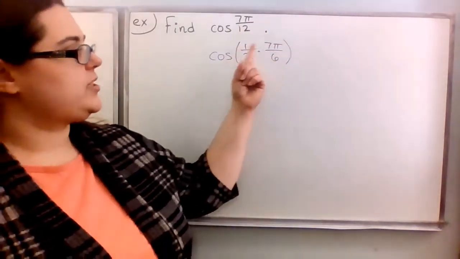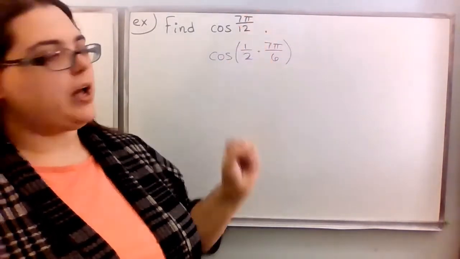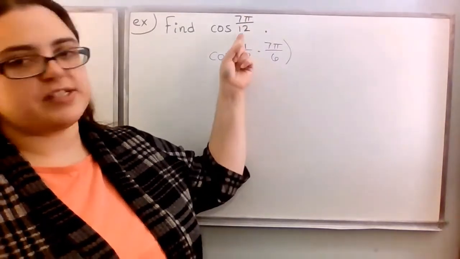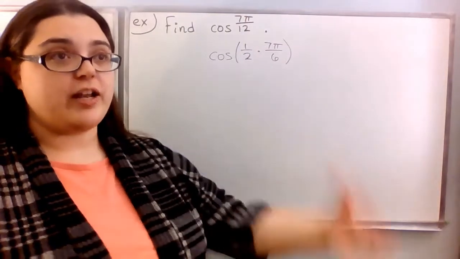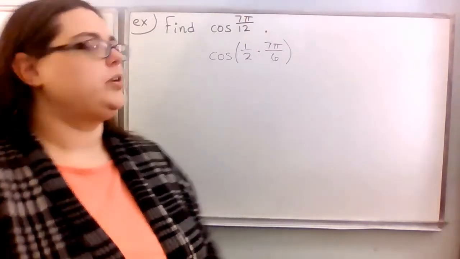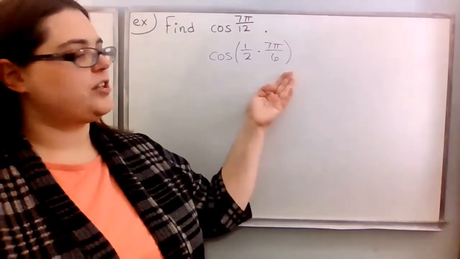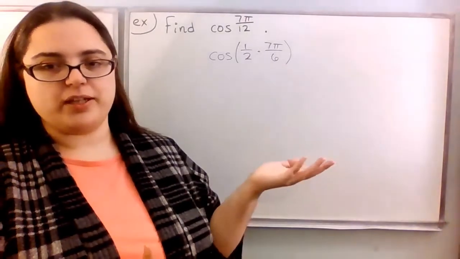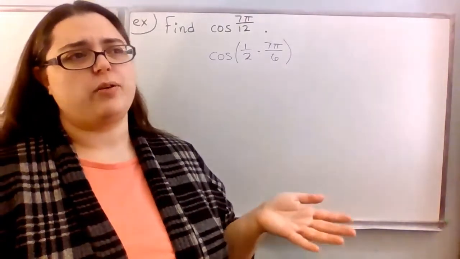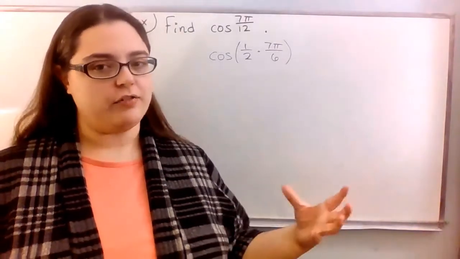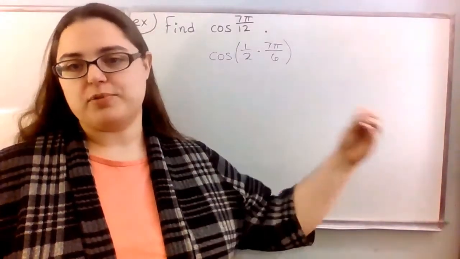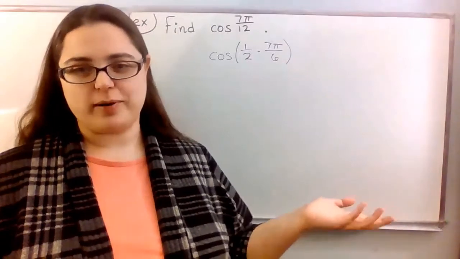This is because 1 times 7 pi gives us that 7 pi, and then 2 times 6 gives us that 12. So if you have a denominator and you divide it by 2 and it's one of the ones we know about, that's a good indication that we want to use a half angle formula. For instance, if we had something with pi 8ths, that would also be a good one because you could write pi over 8 as 1/2 times pi over 4, and we know stuff about pi over 4.